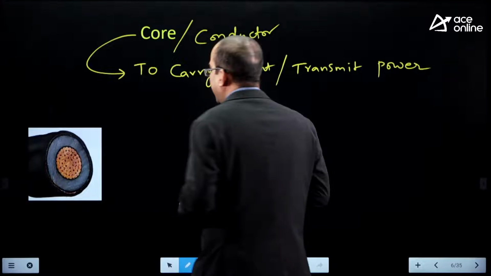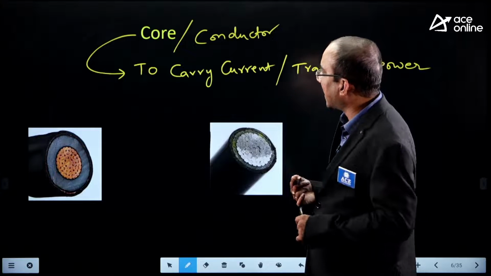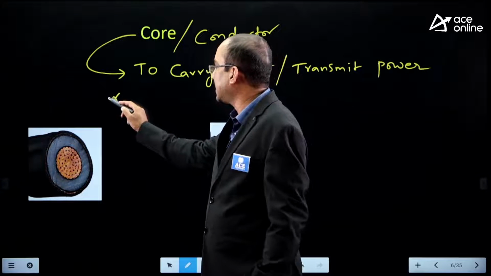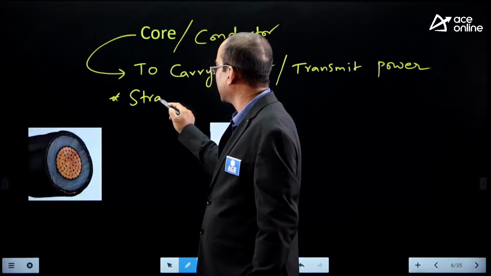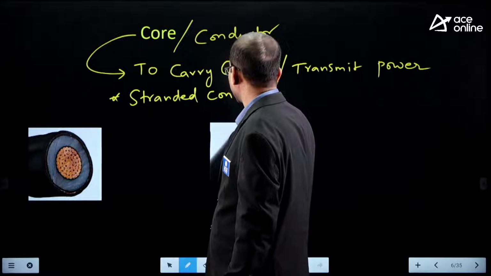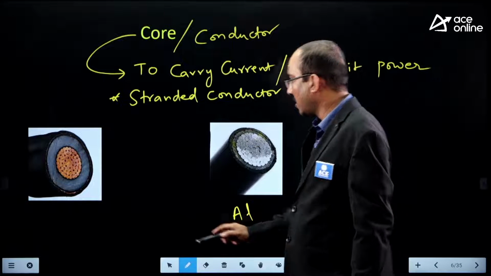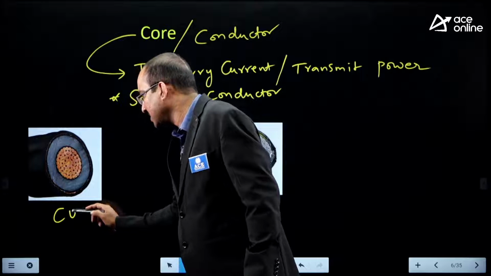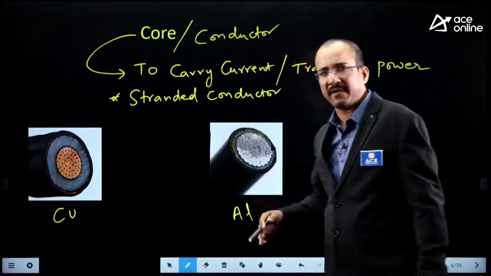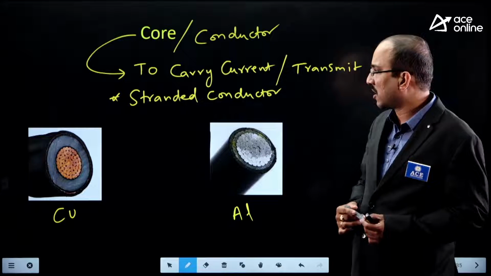If the question asks whether it is a solid conductor or a stranded conductor, this is a stranded conductor. It can be either aluminium or copper. In special cases we go for copper, because generally it will be aluminium only.